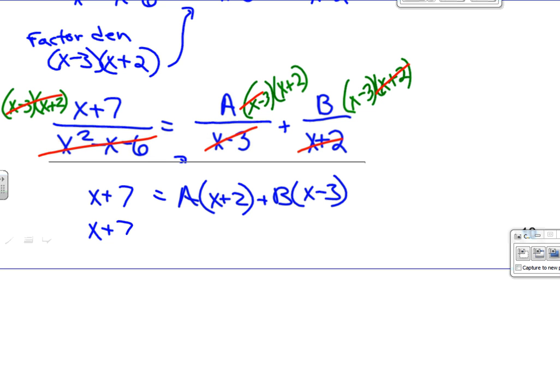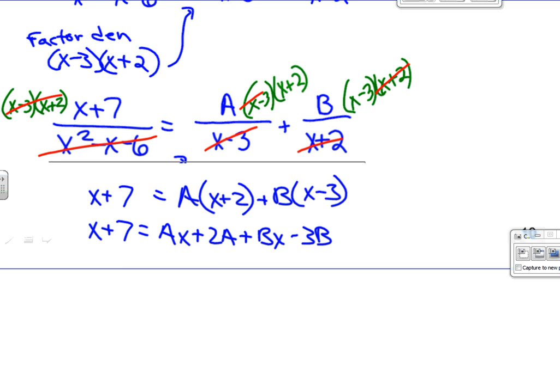So x plus 7 equals Ax plus 2A plus Bx minus 3B. And I can clean that up yet again if I want to, or I can just leave it like that.